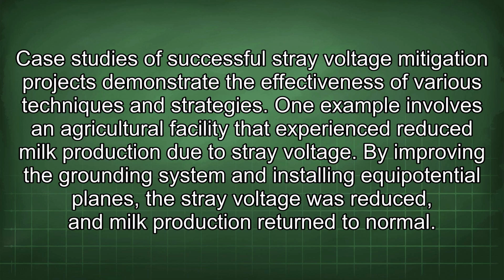Case studies of successful stray voltage mitigation projects demonstrate the effectiveness of various techniques and strategies. One example involves an agricultural facility that experienced reduced milk production due to stray voltage. By improving the grounding system and installing equipotential planes, the stray voltage was reduced, and milk production returned to normal.